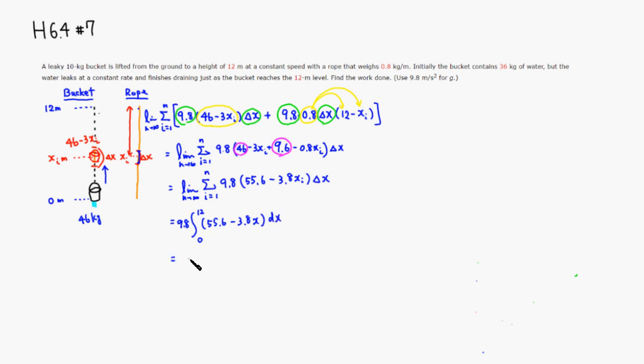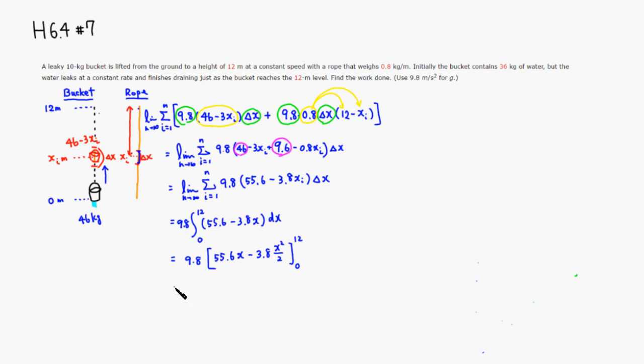The antiderivative is 55.6 x minus 3.8 x squared over 2, going from 0 to 12.